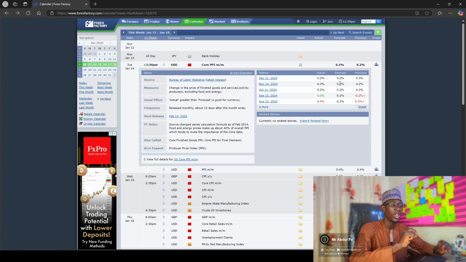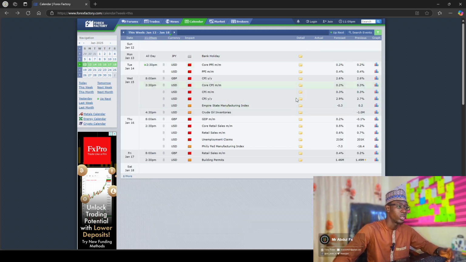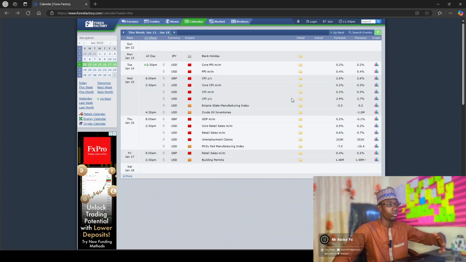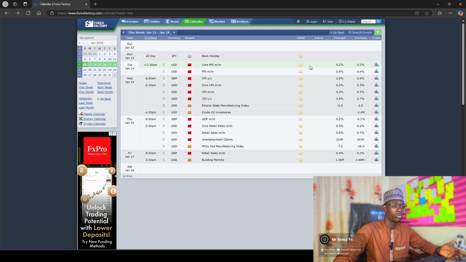If it is not getting weak, then it is getting strong. Same as this PPI also. So the USD is getting strong, and gold is probably getting weaker.